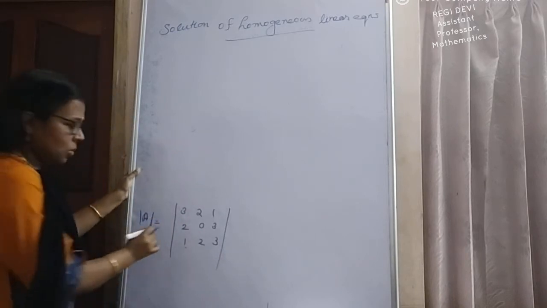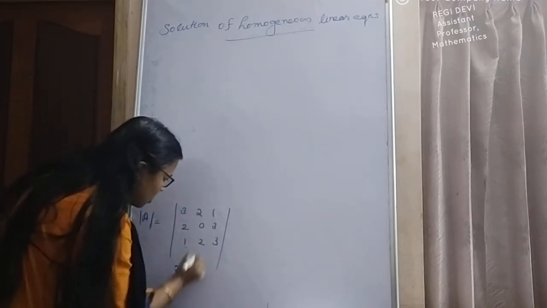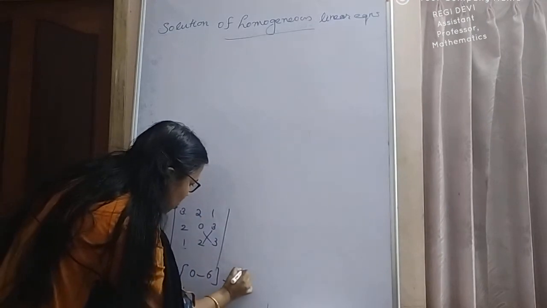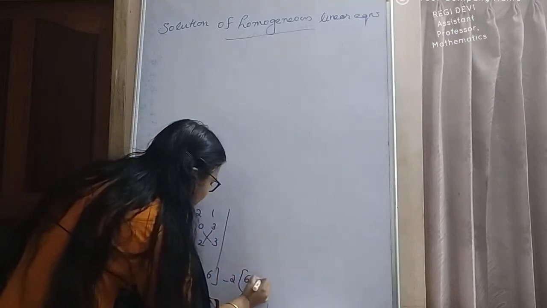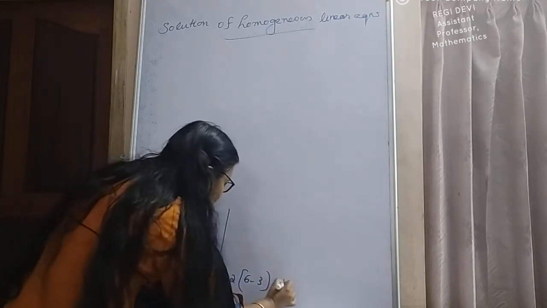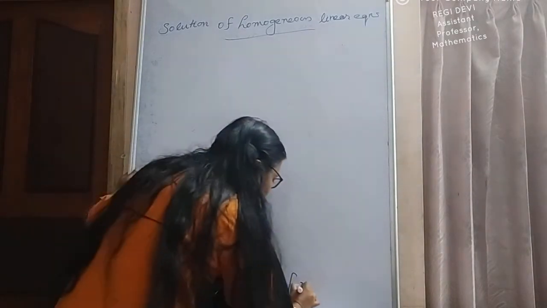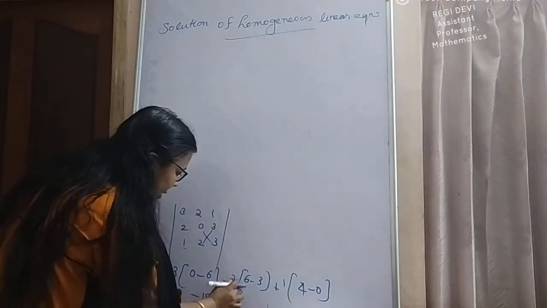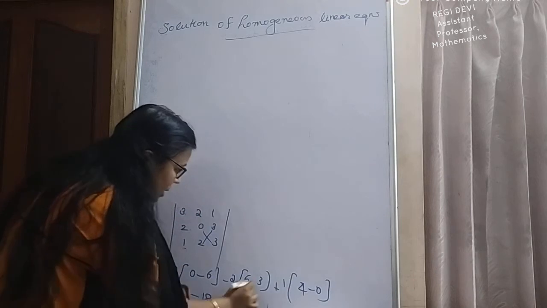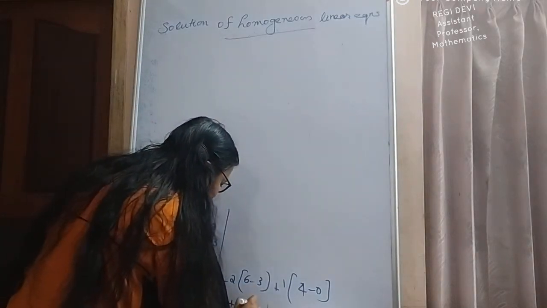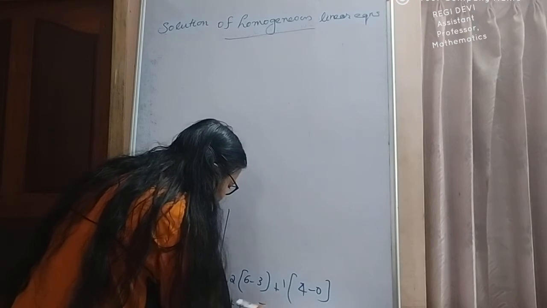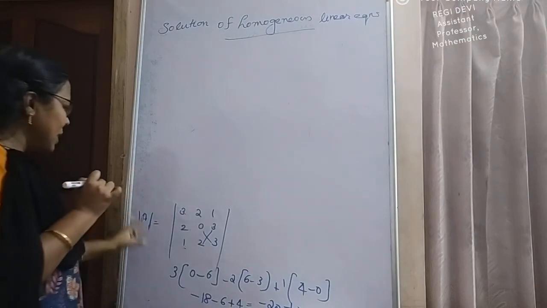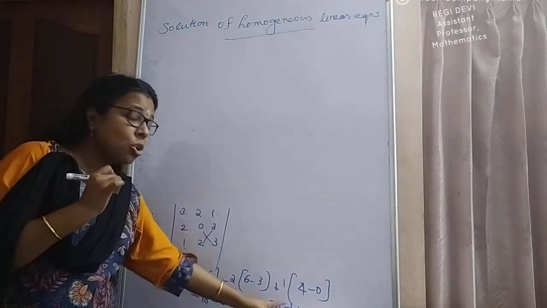Determinant A equals 3 into (0 minus 6) minus 2 into (6 minus 3) plus 1 into (4 minus 0), that is minus 18 minus 6 plus 4, that is minus 20, not equal to 0. Here we get determinant A is minus 20, which is not equal to 0.